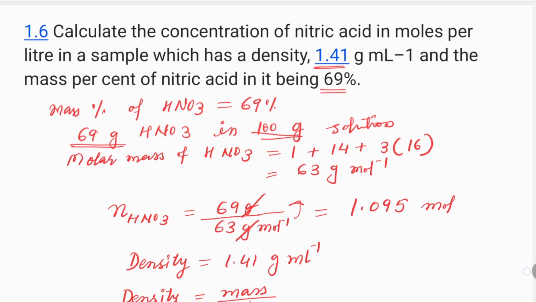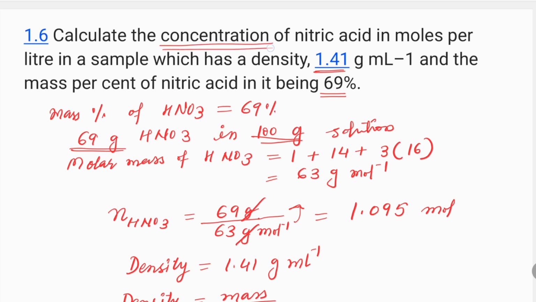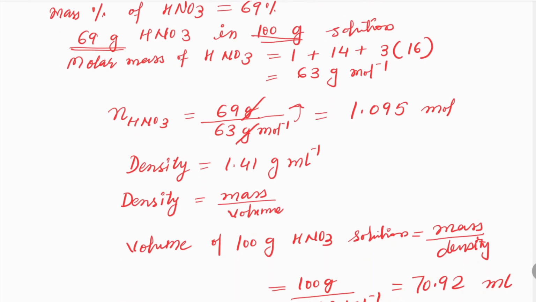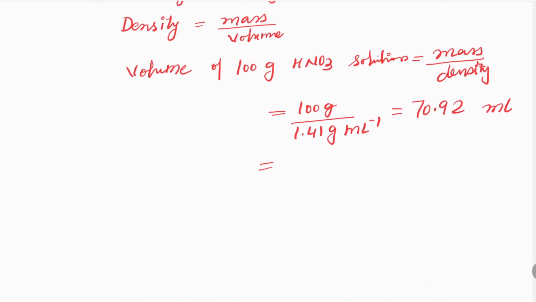We have been asked to calculate the concentration. So concentration we are going to calculate over here in molarity. For molarity we need the volume in liters. Either you can convert milliliter into liters or keep it like this. Let's keep it like this.